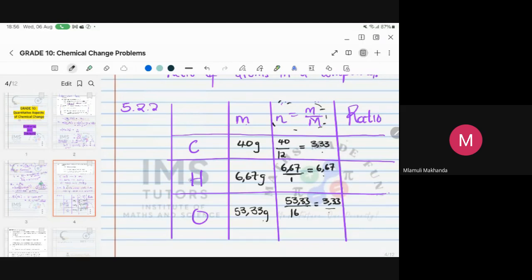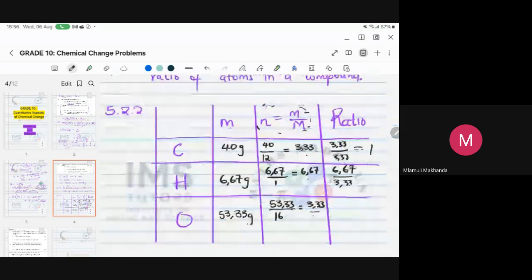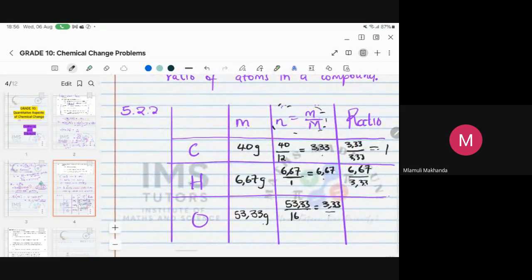You start with this one: 3.33 divided by 3.33 is equal to 1. 6.67 over 3.33 has decimals. 6.67 divided by 3.33 is 2.00 something, but you take the whole number, you just make it 2.